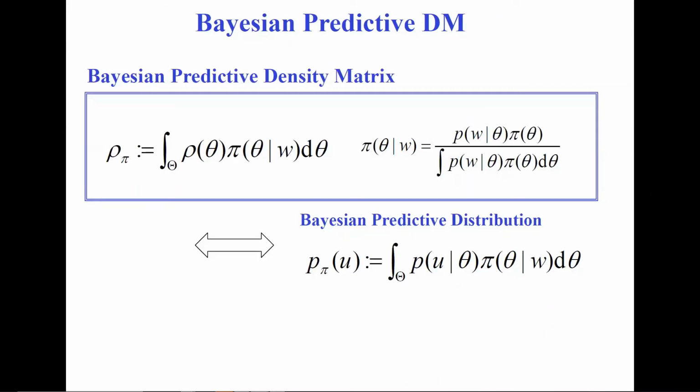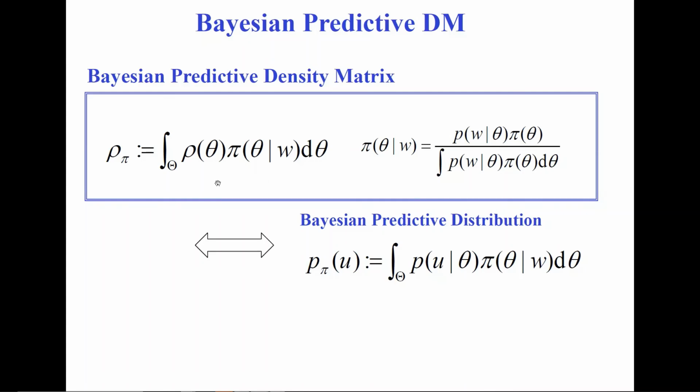The second notion is the Bayesian predictive density matrix. The Bayesian predictive density matrix is formally given by the following formula. It is the average of the density matrix rho with respect to the posterior.